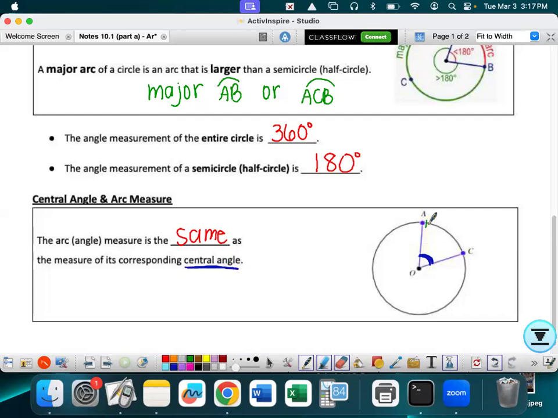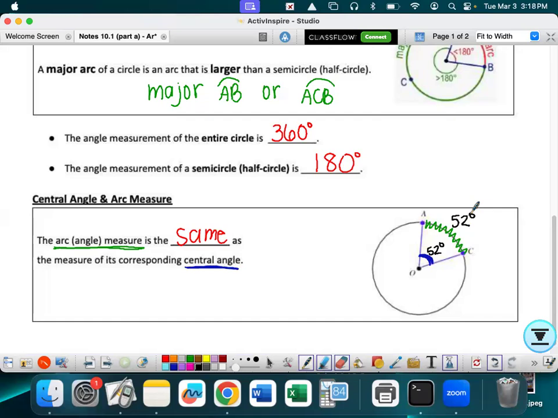That is the same angle measurement as the arc measure. So if my central angle is, let's say, 52 degrees, that would be the same angle measurement on the outside, so 52 degrees there. So if I'm asking you questions about angle measures being like central angles versus arc measures, they're the same thing for whatever section you are in.